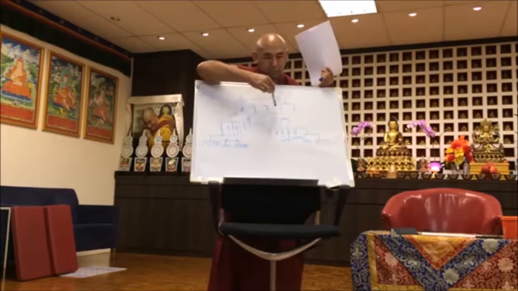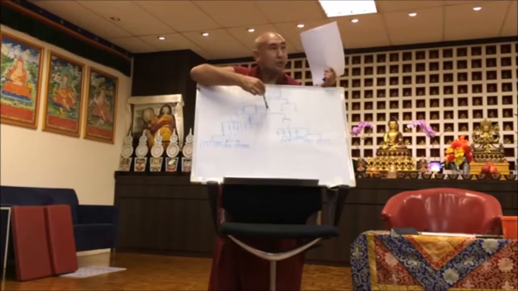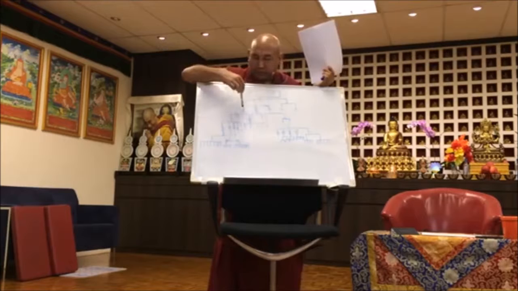There are three, right? Matter, consciousness, non-associated formation. Before we move on, what does matter mean? What does consciousness mean? What does non-associated formation mean?